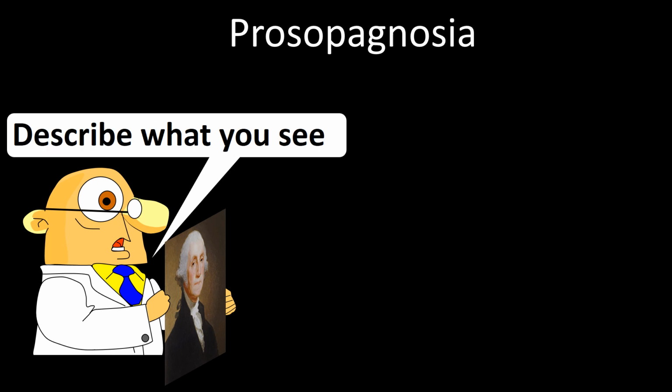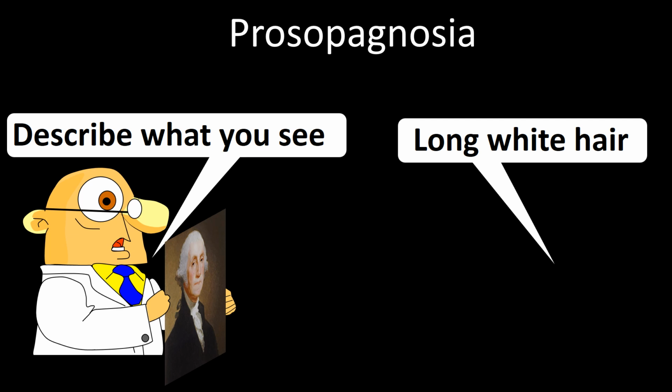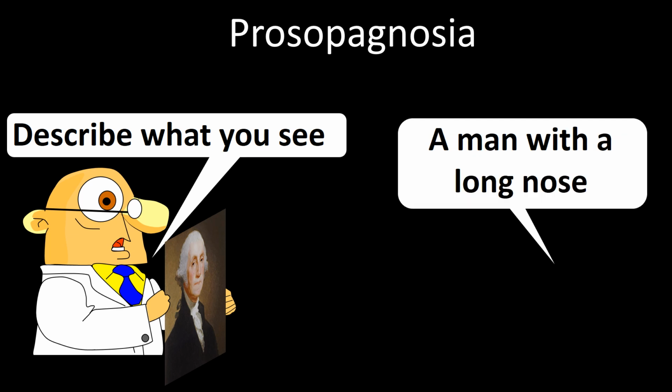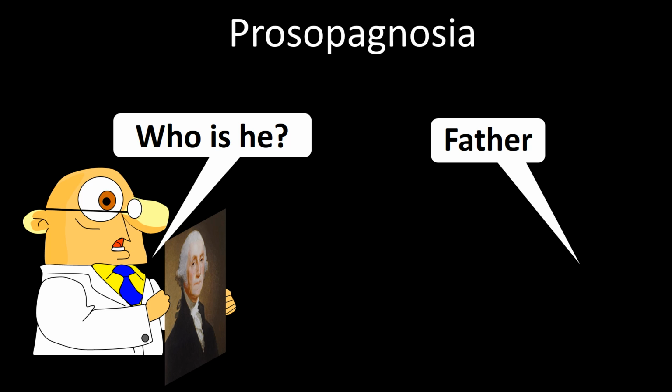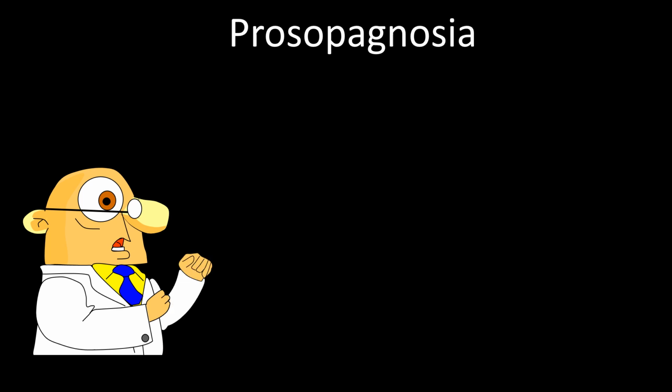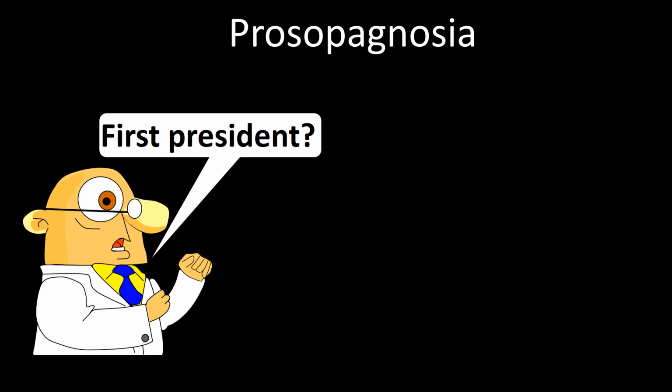Then, when we ask to describe what the patient sees, the patient appropriately recognizes the individual features and can describe them and make sound conclusions, even to the point of changing their original answer, like in this case to father. Then you put the picture away and ask, who was the first president of the United States?